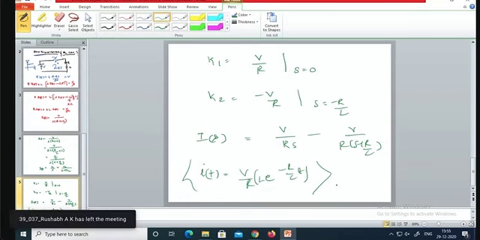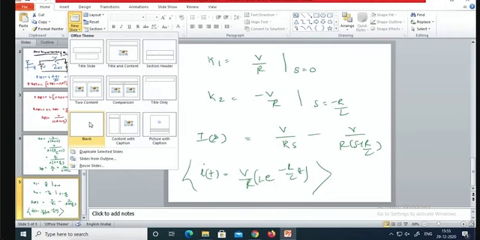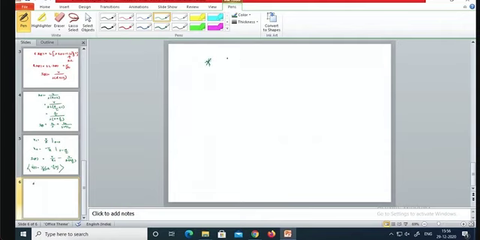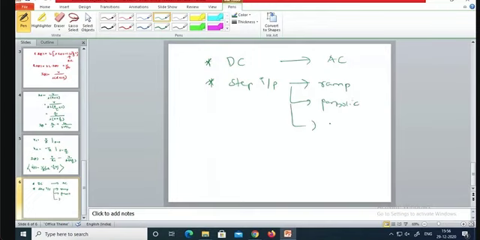So what is that I am doing here? I'm just explaining the responses using Laplace transform. I'm restricting myself to DC analysis. I'm restricting myself to step input only. So you can also extend this to AC transients, and you can also extend this to different types of input such as ramp input, parabolic input, and also the pulse input.